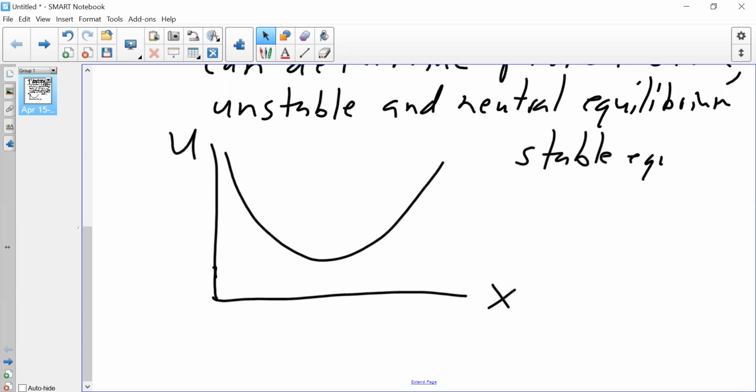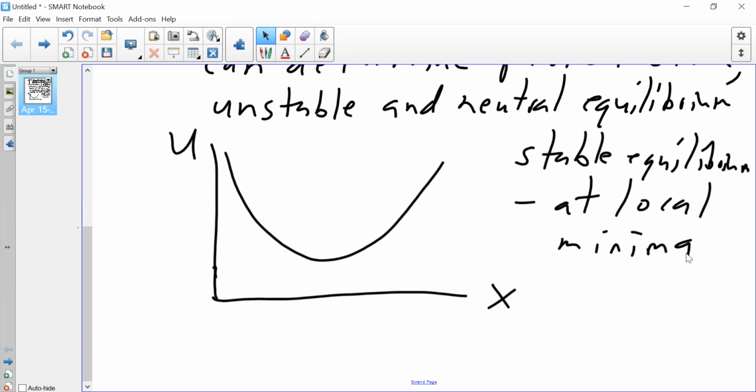So stable equilibrium at all local minima. And we know at the only local minimum here, the slope is 0. So the force temporarily is turning. That's a turning point.